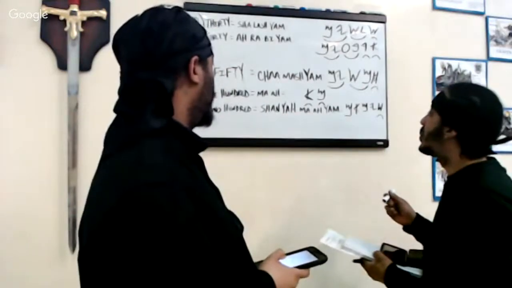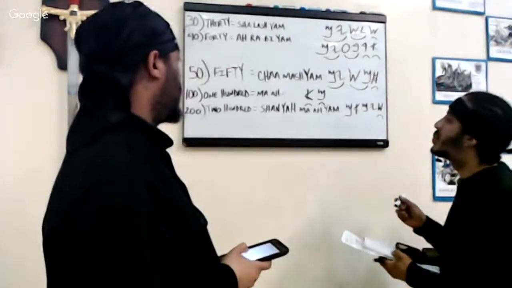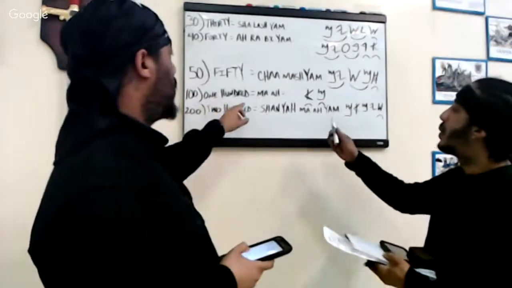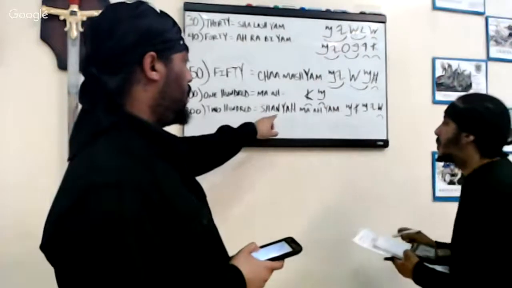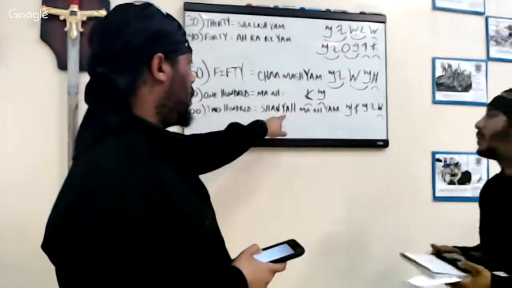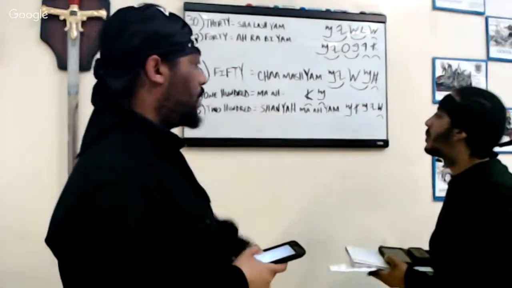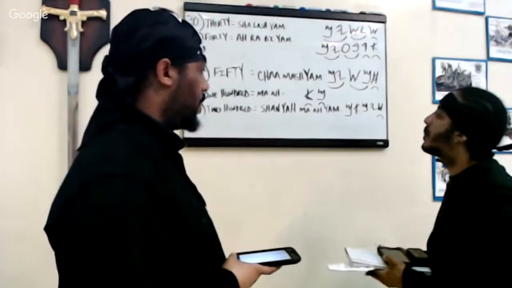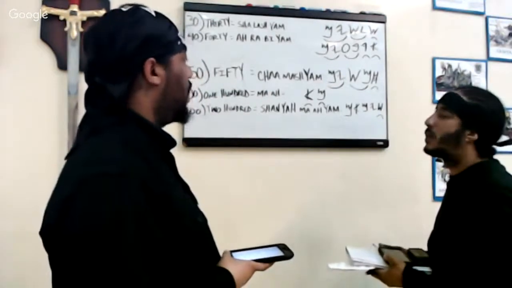But according to our culture, what would be used for 200? We wouldn't put the shnayim. In our culture, we wouldn't mention the shnayim, right? Just like in the eighteen, we wouldn't say shnayim.